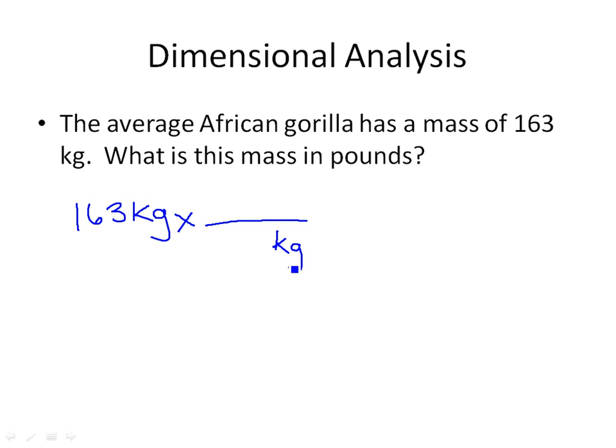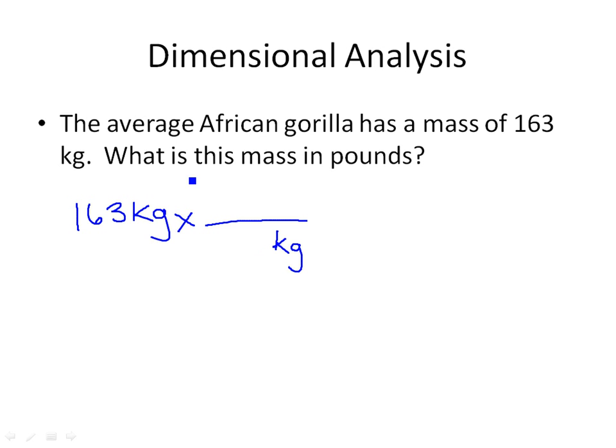The reason for this is because our units have to cancel. So kilograms has to cancel diagonally with kilograms on the bottom. So before we go any further, we can always write out what we know and then put our units on the bottom for them to cancel out.